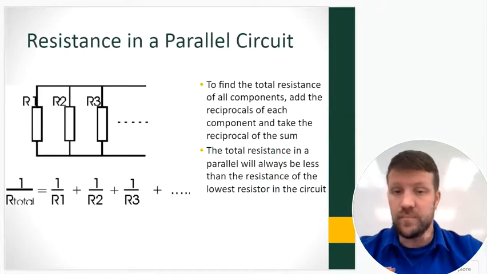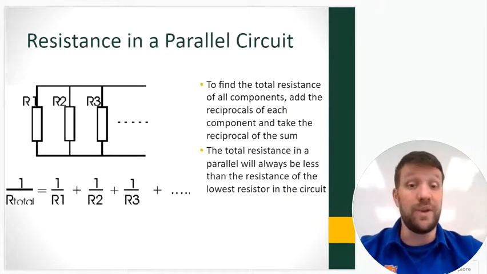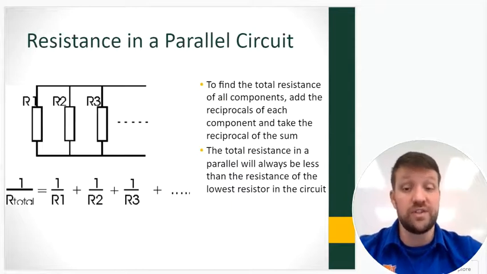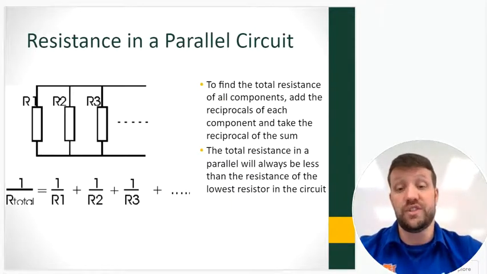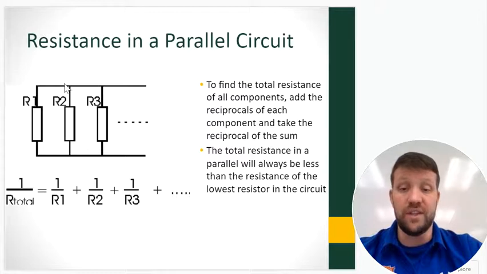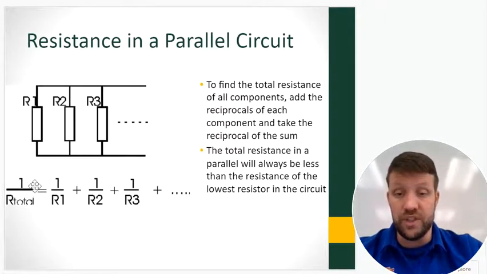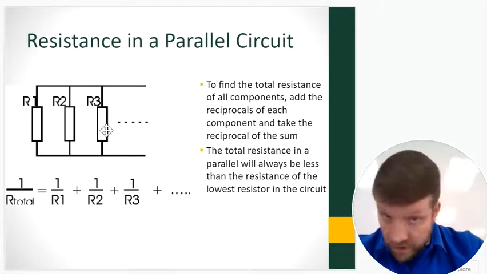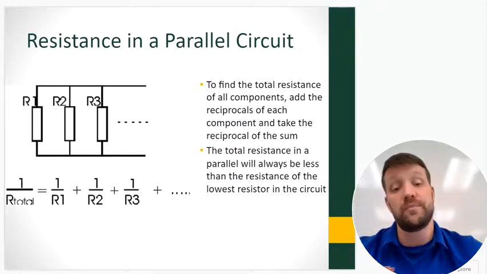All right. Now the resistance, another thing, and the reason that these are so efficient here is because we have to sum the reciprocals of the resistors in order to determine the total resistance here. So the total resistance of, let's say, this circuit where we have 1, 2, 3. This could be our 3 light bulbs from earlier, okay? The reciprocal of the total resistance will equal 1 over resistor 1 plus 1 over resistor 2 plus 1 over resistor 3 until we get through all of the resistors that are there, okay?